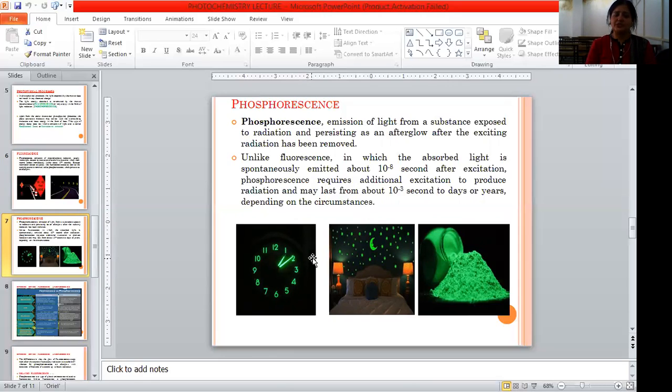They move from the singlet to the triplet state. In doing so, they reduce some amount of energy. And once they go into the triplet state, now they come back to the ground state, emitting the energy. So, phosphorescence is also visible even when the source of radiation is cut off.